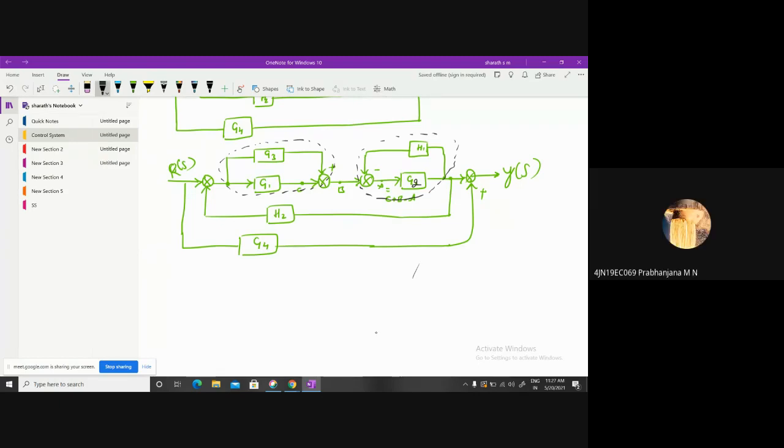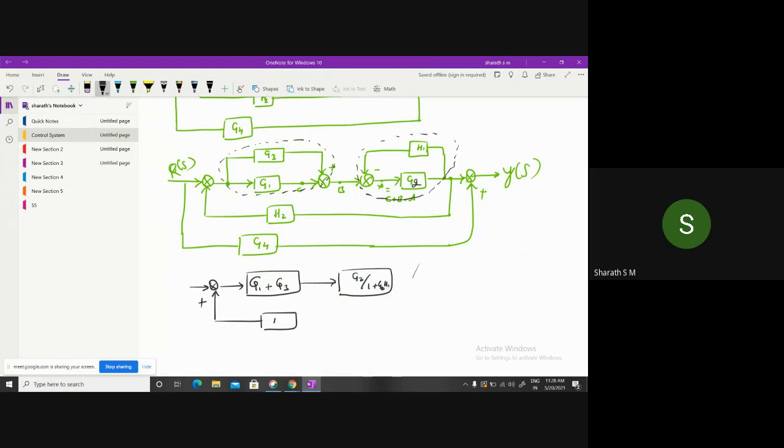So here we have G1 plus G3, and then here we have G2 divided by 1 plus G2 H1. Here we have H2.